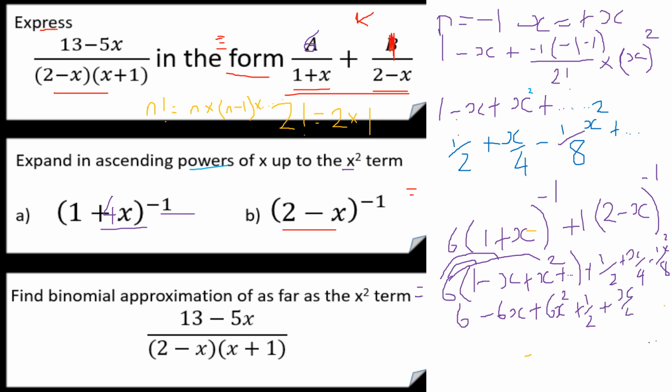So collecting like terms. A-level calculators can be used, so simplify it by collecting like terms. We've got 6 plus a half, which goes to 6.5, minus 6x plus a quarter x, so minus 6 plus a quarter is minus 5.75, or minus 5 3/4, x.